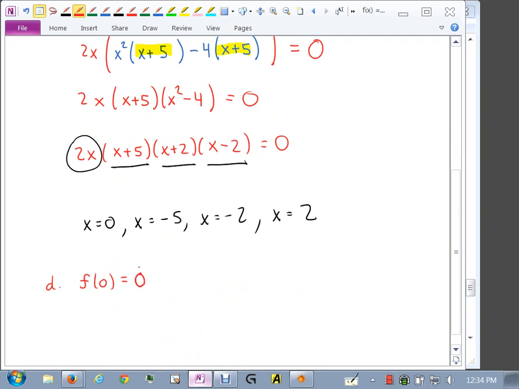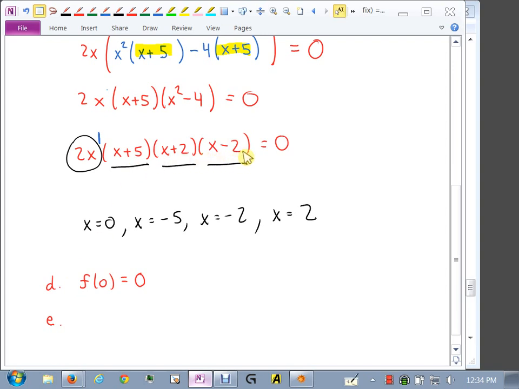Part E, multiplicities. What is the power on the part that gave us the 0? Well, that tracks back up to the 2x. The power on that is 1, right? Odd. So we have an odd power on that x right there. So it's going to what? Cross.